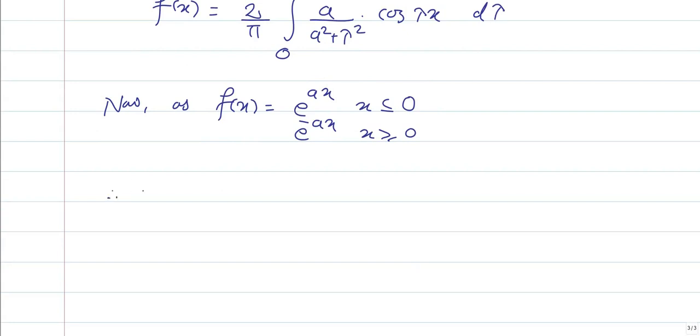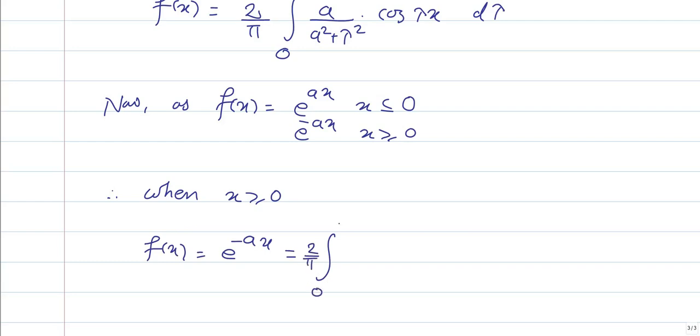So when x is greater than or equal to 0, f of x, which is e raised to minus ax, is equal to, by the above integral representation, 2 by pi integral from 0 to infinity a upon a square plus lambda square cos of lambda x d lambda, for some a greater than 0.